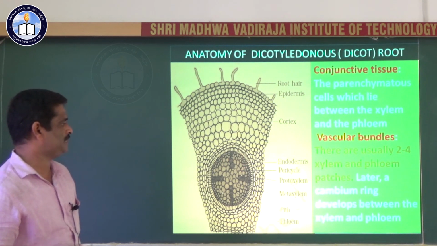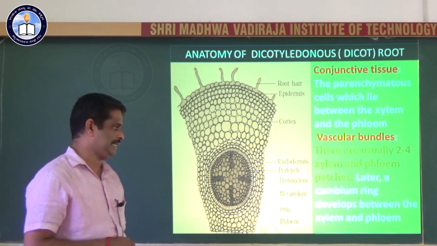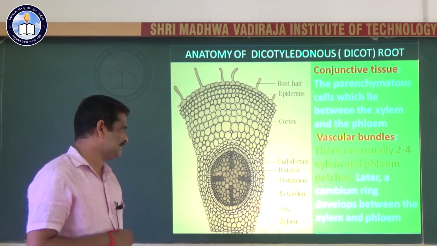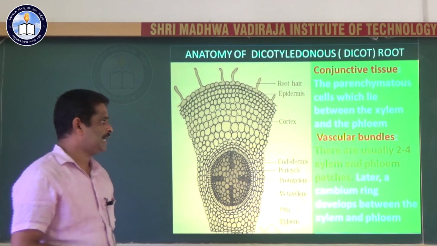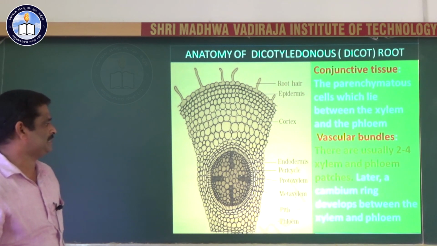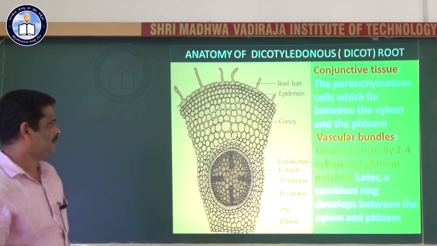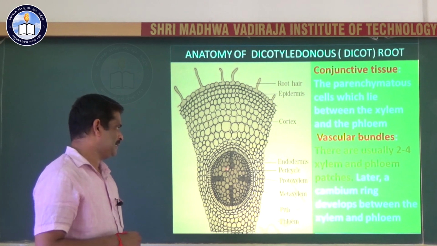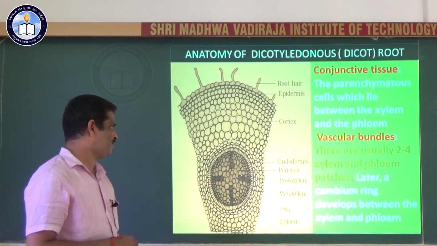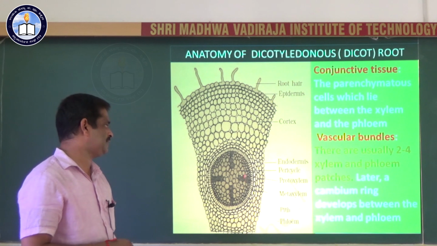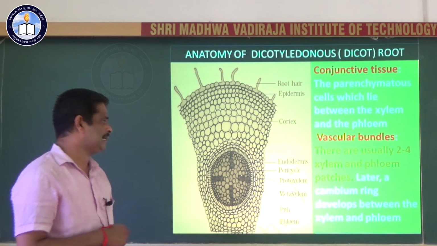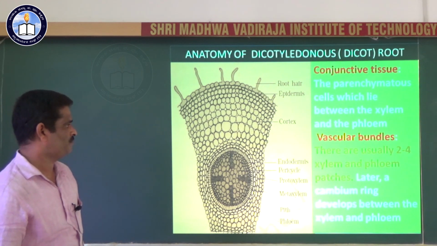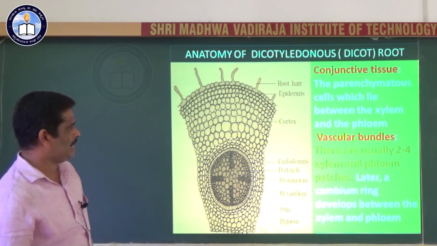Xylem patches alternate with the phloem patches on two different radii, hence the vascular bundle is a radial vascular bundle. Usually 2 to 4 xylem patches alternate with the phloem patches. It means there are usually 4 xylem patches which alternate with 4 phloem patches. That is the usual tetrarch condition of the vascular bundles.